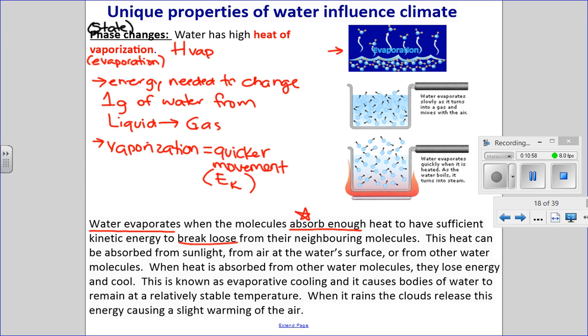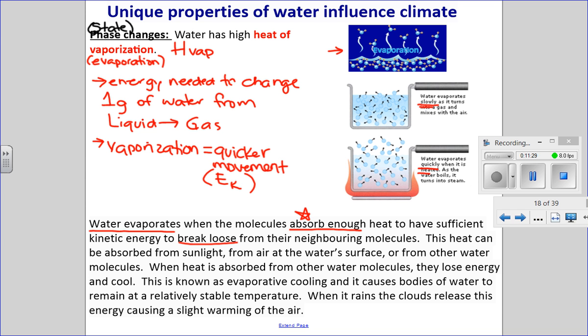So water evaporates really slowly if you just leave it to its own devices. Water will evaporate eventually if you are just letting it mix with air, and the air is room temperature air. But water will evaporate quickly if it's heated. The idea is that if there's an additional source of kinetic energy, well, then things will happen faster.